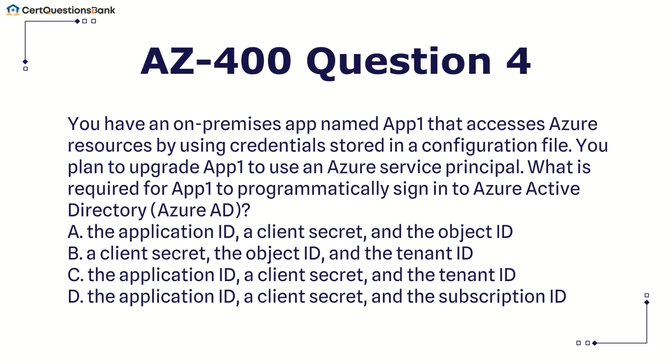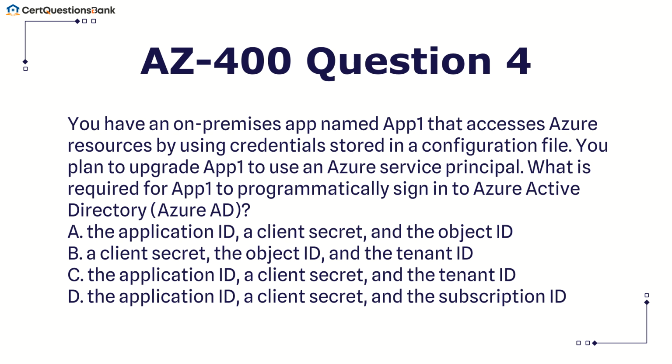You have an on-premises app named App1 that accesses Azure resources by using credentials stored in a configuration file. You plan to upgrade App1 to use an Azure service principal. What is required for App1 to programmatically sign in to Azure Active Directory, Azure AD?